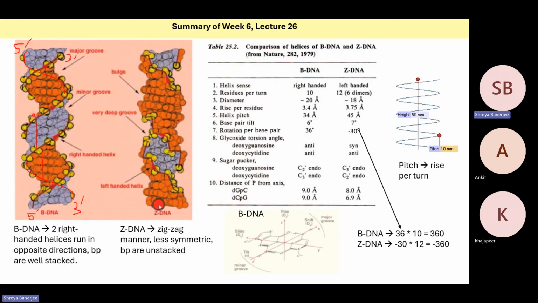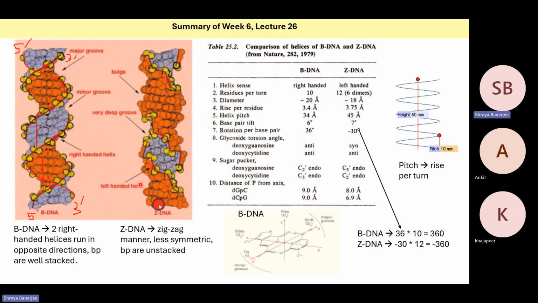Right. So I was discussing the structural differences between bDNA and zDNA. And as I said, bDNA is made up of two right-handed helices, and in zDNA, there are left-handed helices. Also, bDNA has a very symmetric structure where you have alternating major grooves and minor grooves.